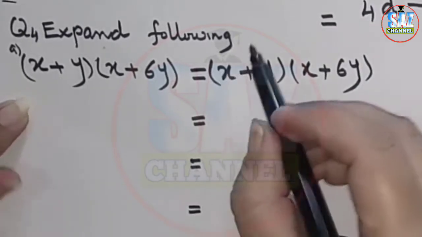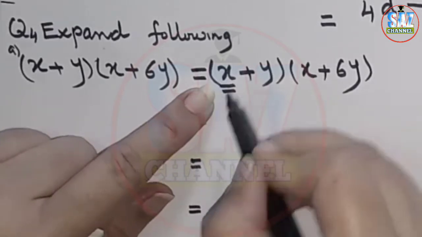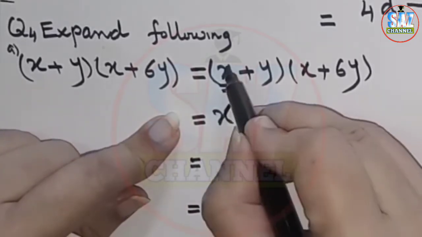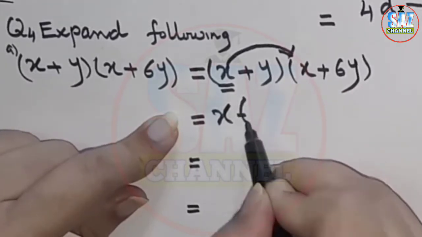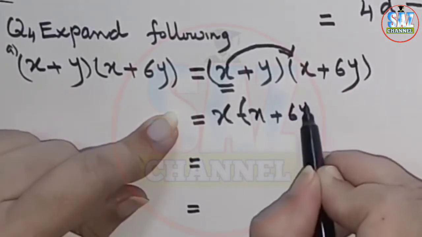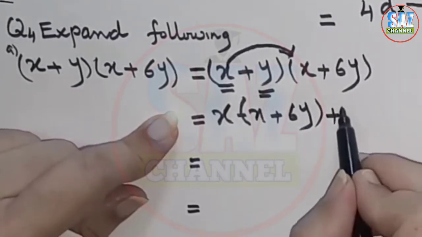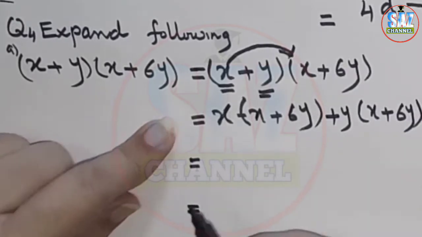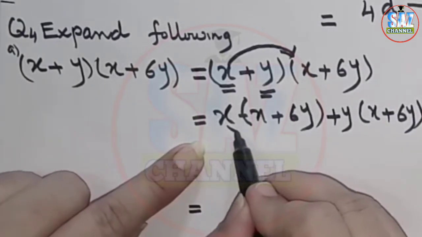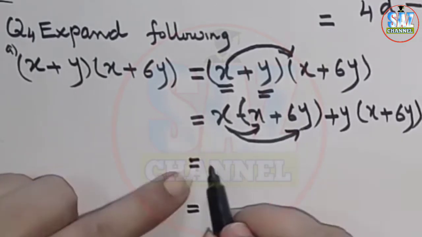Then we have to apply distributive law again, that I will be taking this x and I have to multiply it with the second bracket. x into (x plus 6y). Then I have to take this y into (x plus 6y).